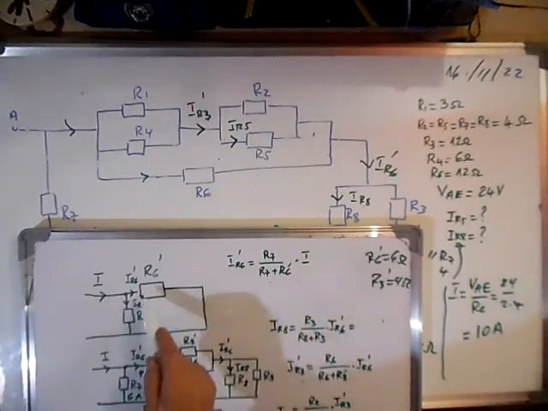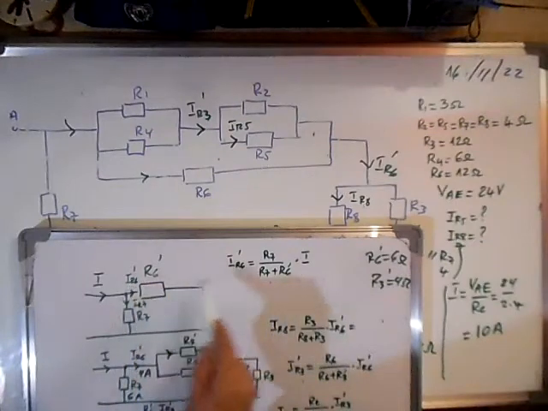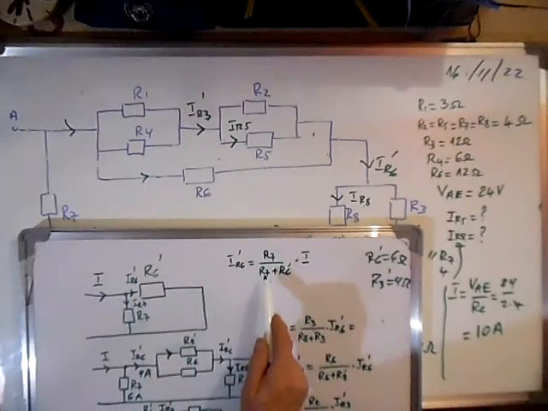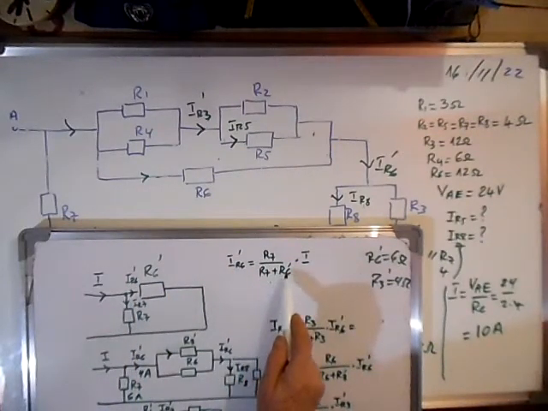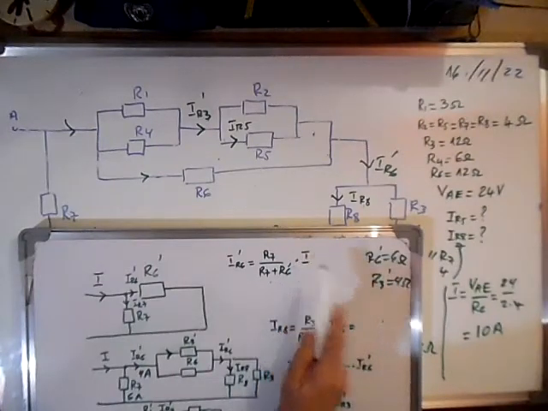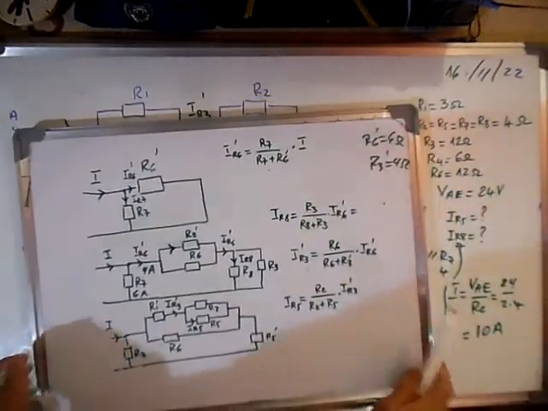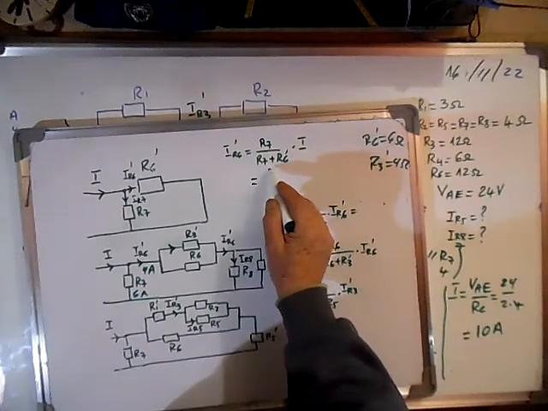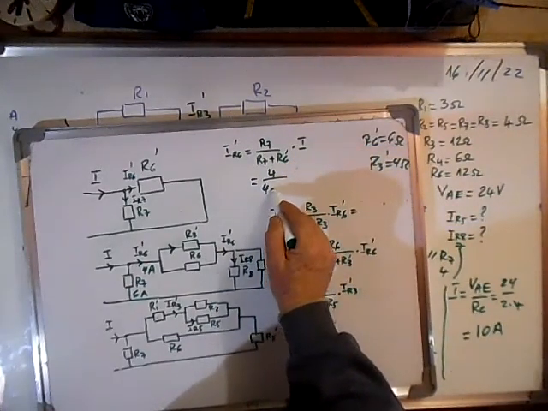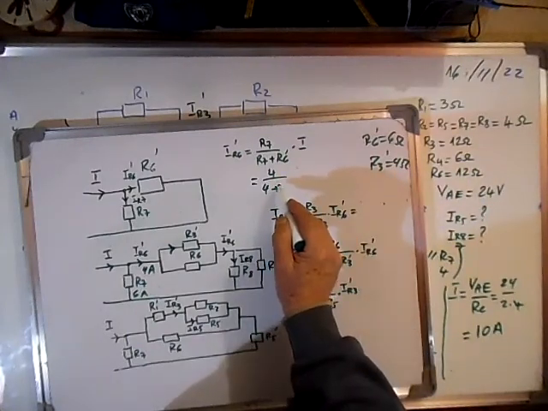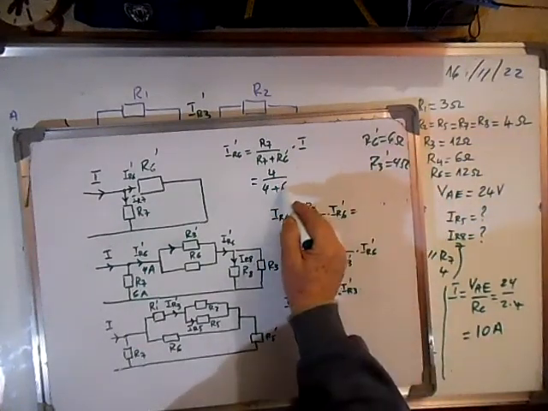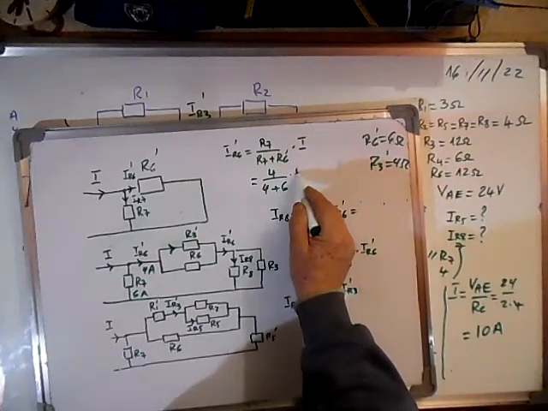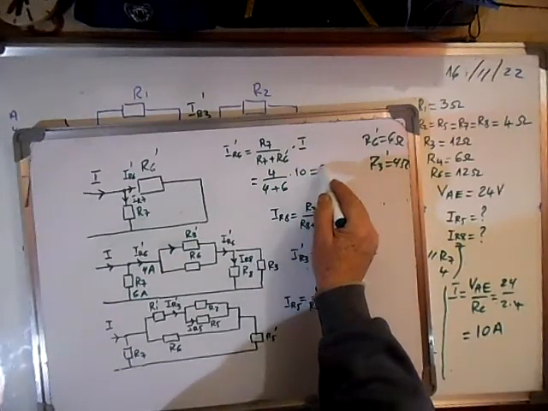So the R6 prime current is R7 divided by R7 plus R6 prime times the main current. That is 4 over 4 plus 6 times the main current. This is 4 amps.